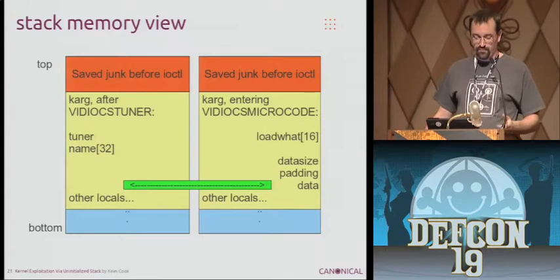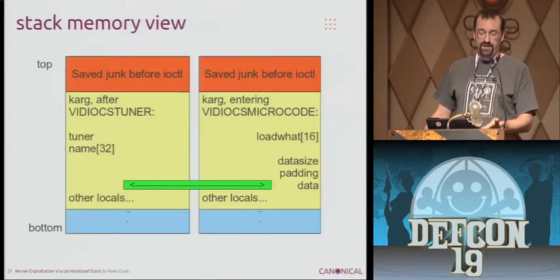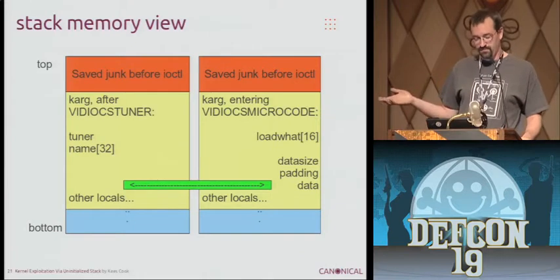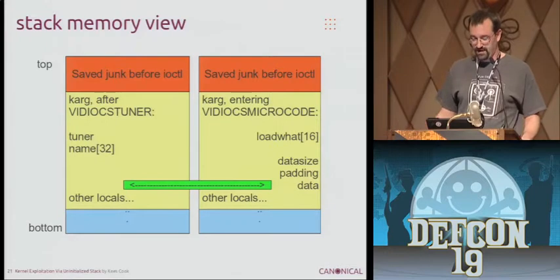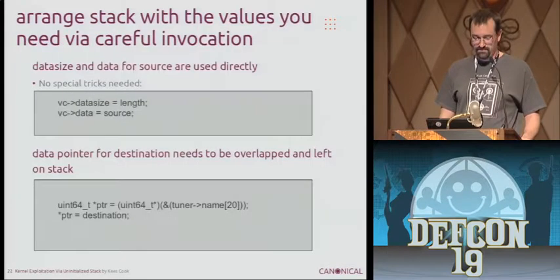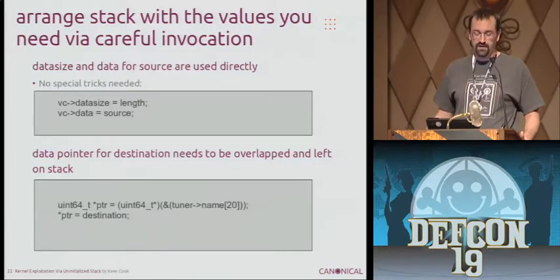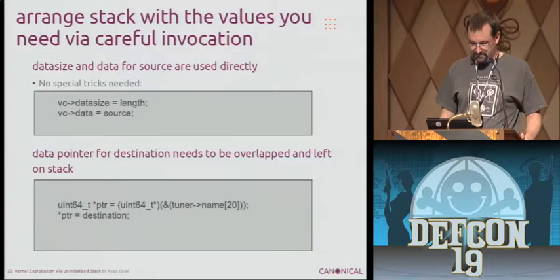And then after we've returned from the tuner I/O control, what's left on the stack is whatever we had put in that structure. Then we can call the microcode function, and whatever was there will end up inside the data field. There are no special tricks for data size and for the length and source that we're doing. The only thing we need to do is calculate, and that's the C for just quickly calculating where we are offset inside the other structure.